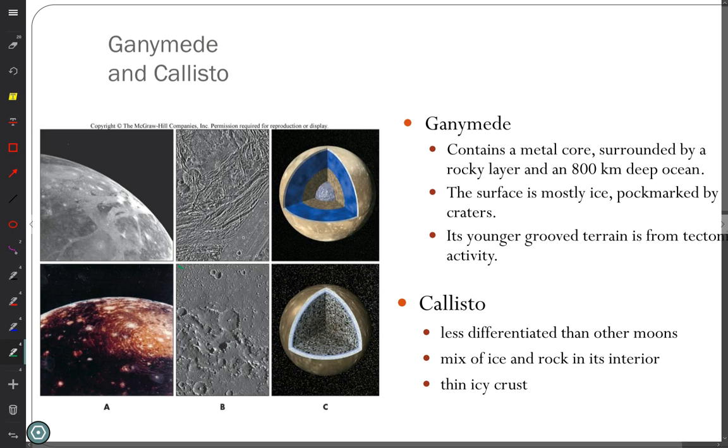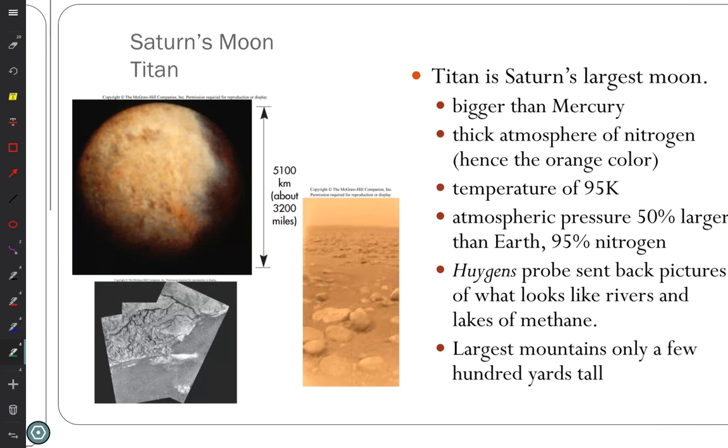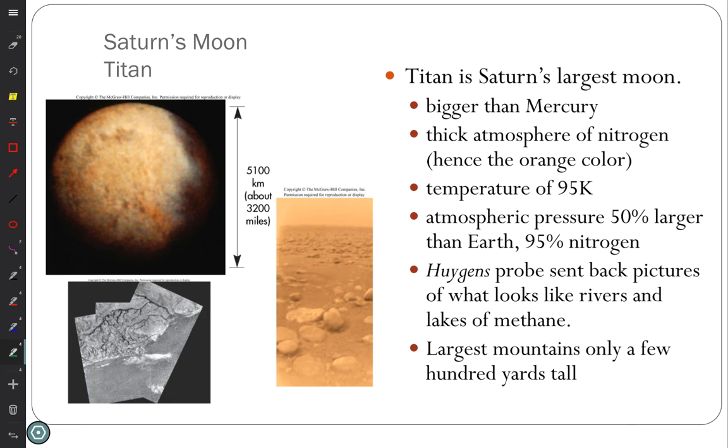And as I said, it has regions that look younger, but it has a pretty deep ocean covered by a surface that's ice with craters. Callisto is just frozen. It's solid, nothing going on. It probably just formed and froze and never even differentiated, just too cold out there. Then we get to Saturn's moon, and I guess we'll talk about Titan on Friday after the quiz.